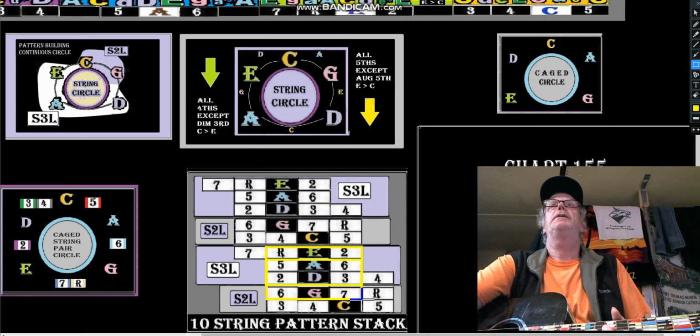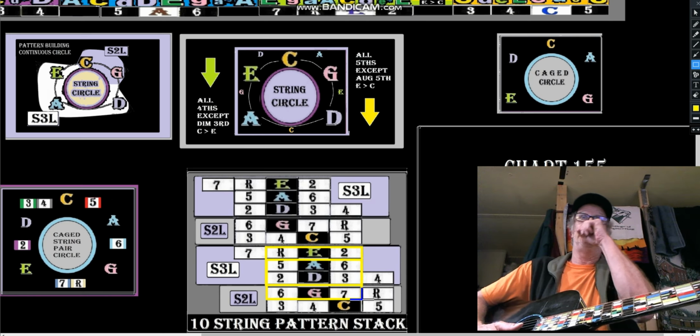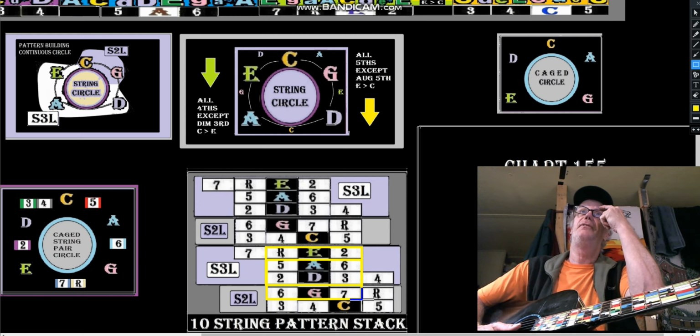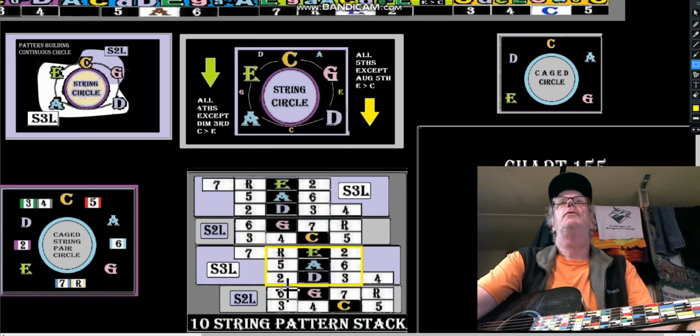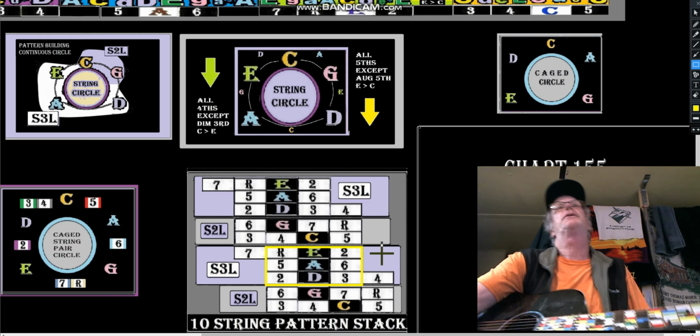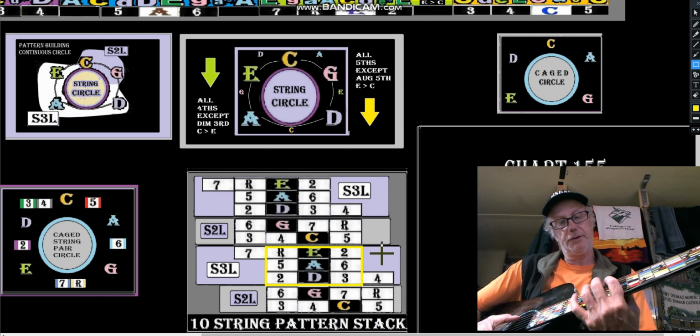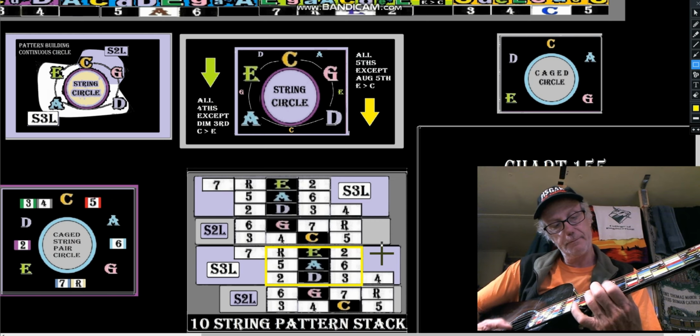Now with the G, we start on the 6th, so then we go into it on 2, 3, 4. So it's the actual same box, only with G we'll be starting on the 6th and then going into it.